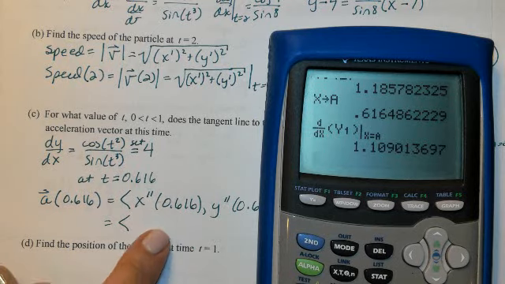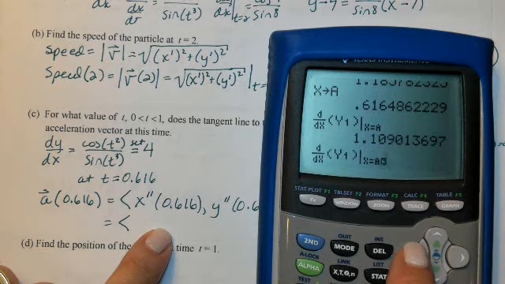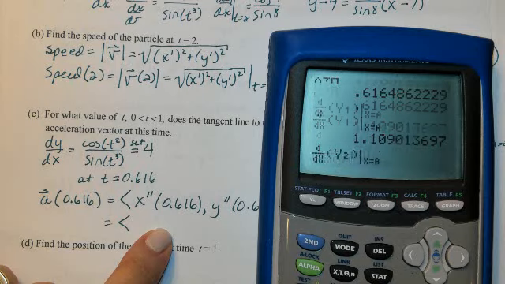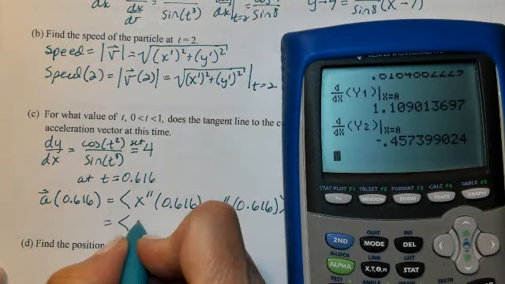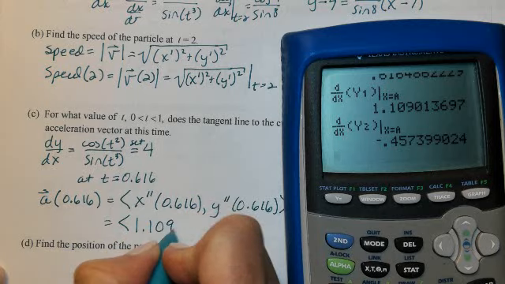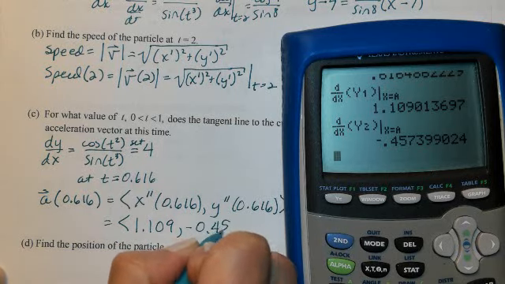That'll be the x coordinate of my acceleration vector. And then I'm just going to arrow up, go change y1 to y2, and I'll have the y coordinate. So the x coordinate is 1.109, the y coordinate is -0.457.